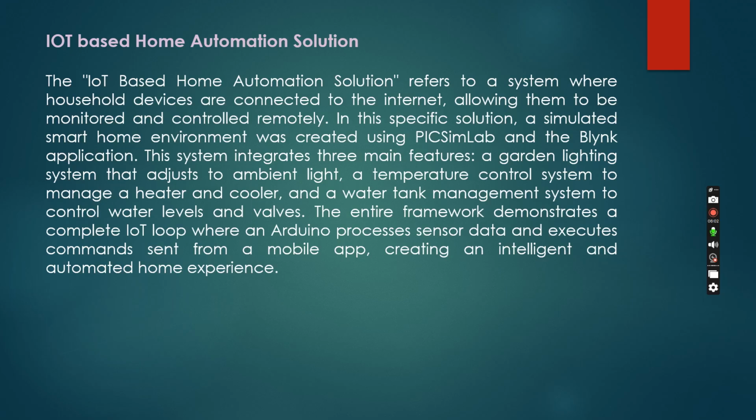We also use a water tank management system to monitor the water level using a simulated tank and automatically control inlet and outlet valves. The entire framework demonstrates a complete IoT loop where an Arduino processes sensor data and executes commands sent from a mobile app, creating an intelligent and automated home experience.